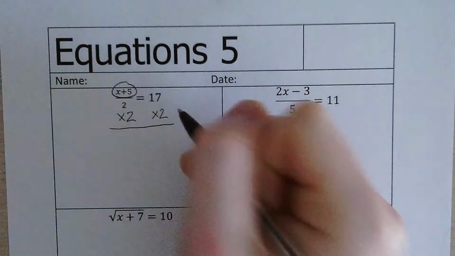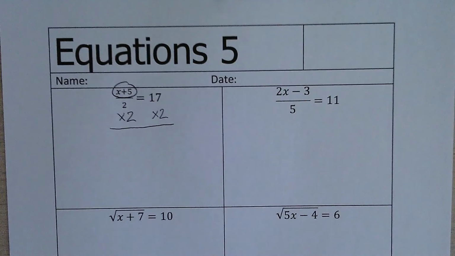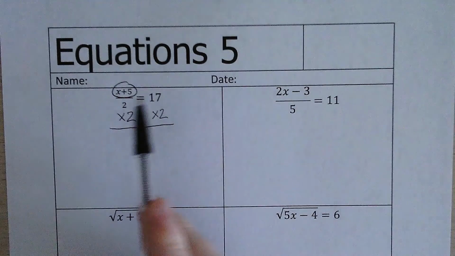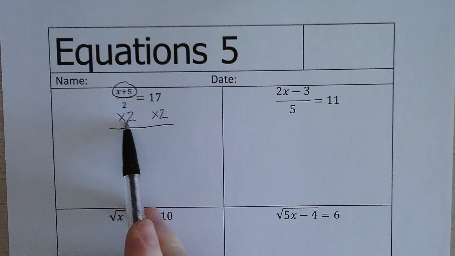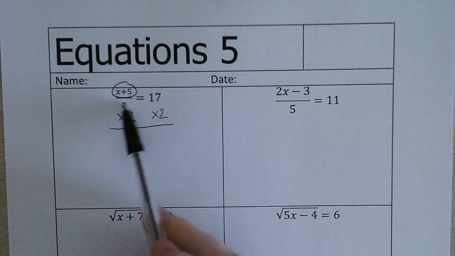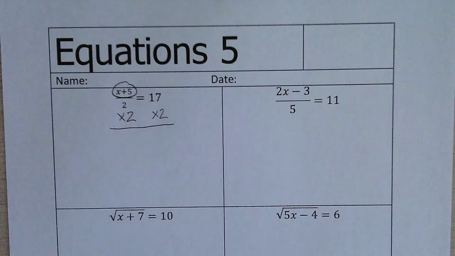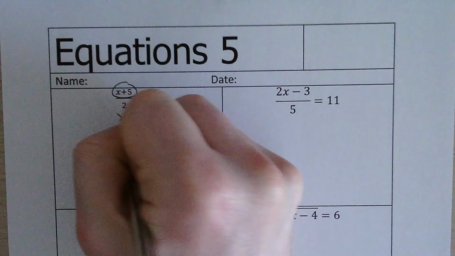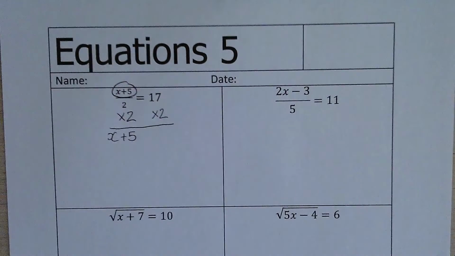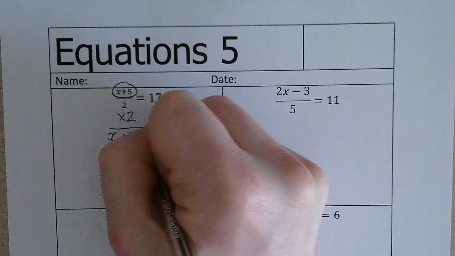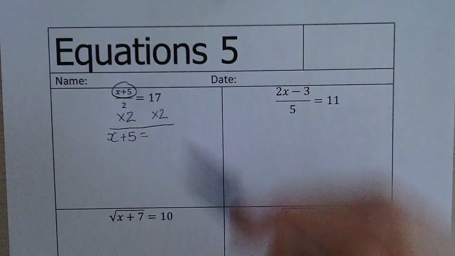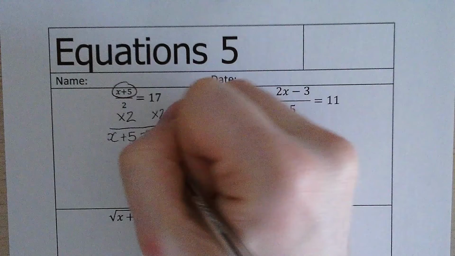I'm going to draw a line underneath this and then we'll carry out the calculations. x + 5 divide by 2 times by 2, well, the divide by 2 and the times by 2 cancel each other out. This leaves us with x + 5. The equal sign will drop down and then we need to do 17 times 2, which is 34.